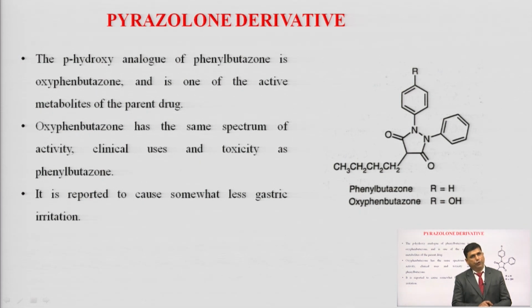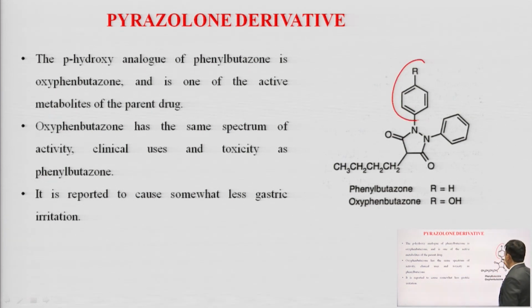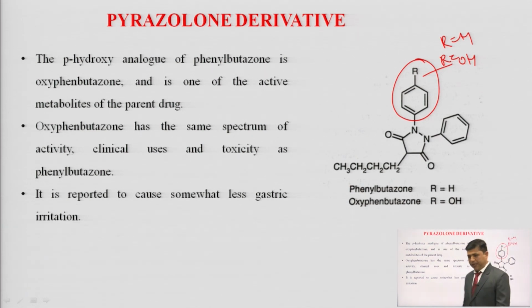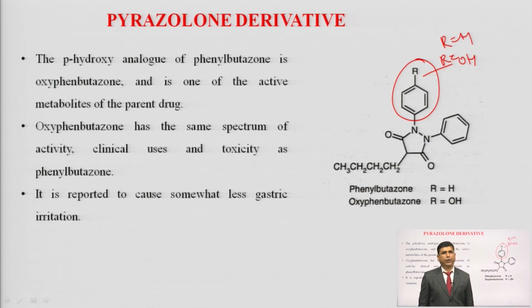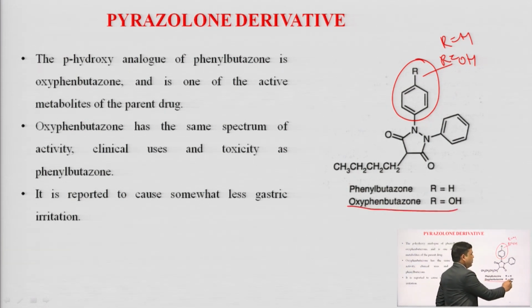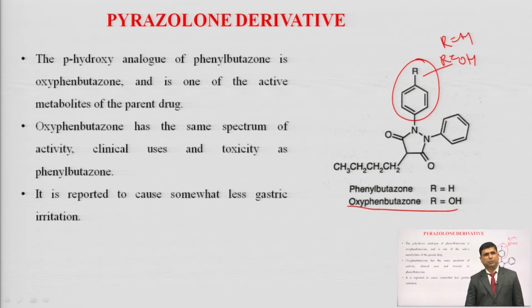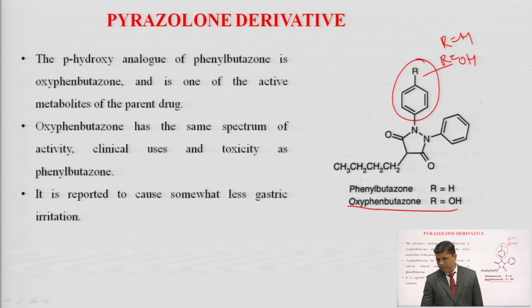The para-hydroxy analog of phenylbutazone means one phenyl group is substituted with a hydroxyl group, and that is oxyphenbutazone. Oxyphenbutazone has the same spectrum of activity as phenylbutazone.